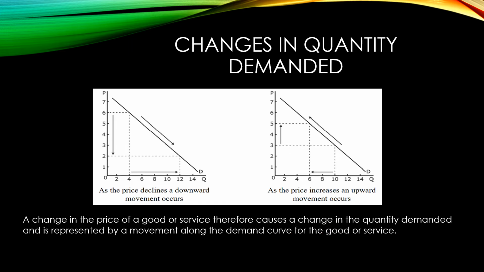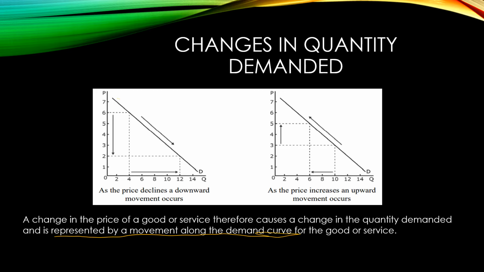So, changes in quantity demanded. A change in the price of a good or service therefore causes a change in the quantity demanded and is represented by a movement along the demand curve. So note here, it's a movement along the demand curve.